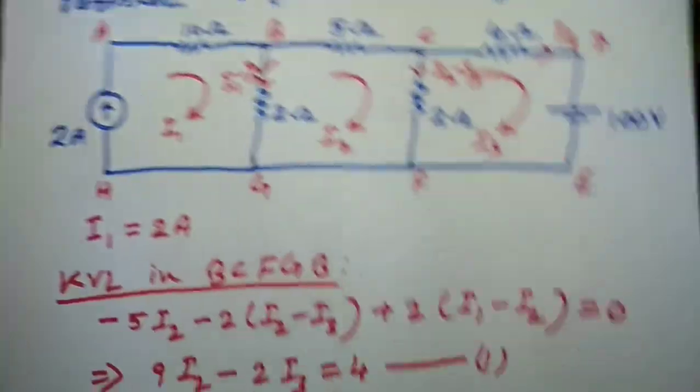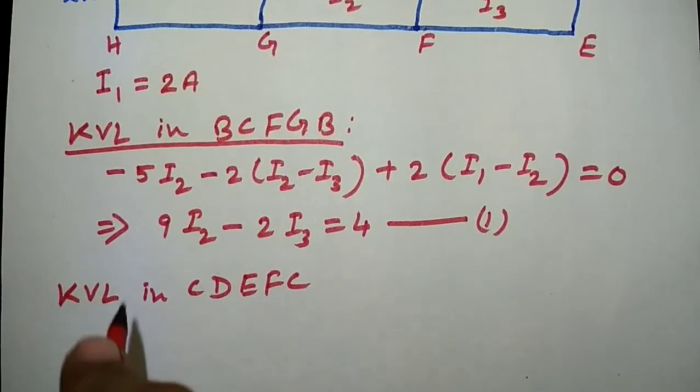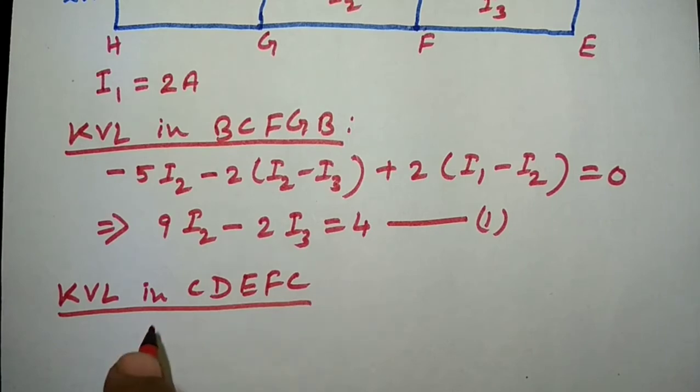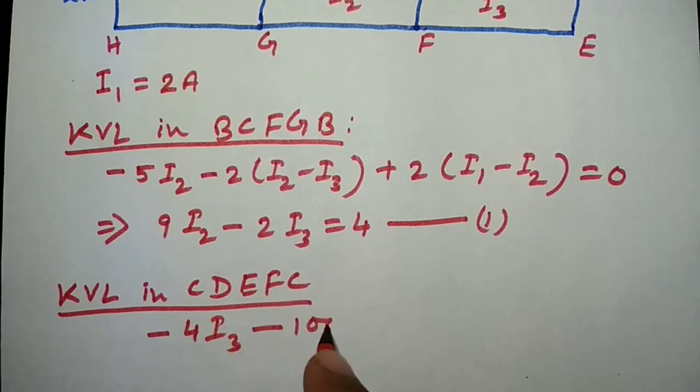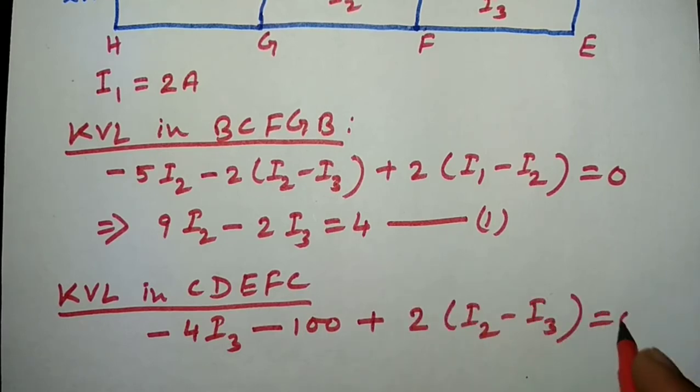Starting from C, we will write minus 4I3 minus 100 plus 2 into I2 minus I3 equal to 0.